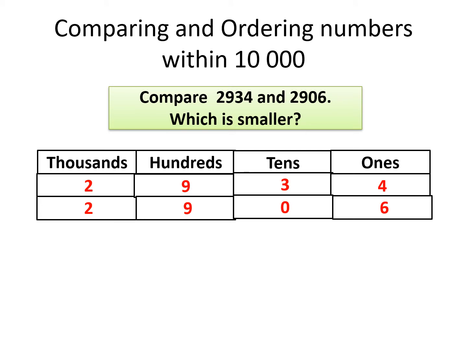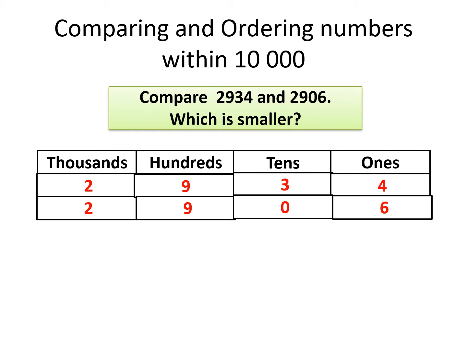Now, by looking at the number, you look at the thousands. Are they the same? 2 and 2. Yes. How about the hundreds? They're also the same, 9 and 9. How about the tens? 3 and 0. So the question is, which is smaller? So from the tens, you can see that 0 is smaller than 3.